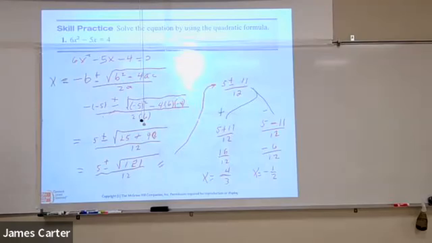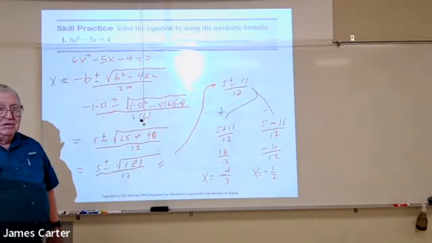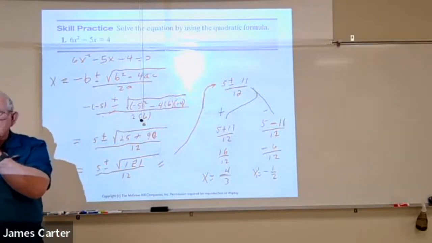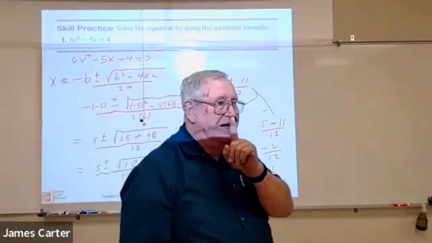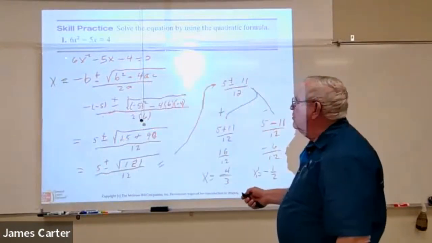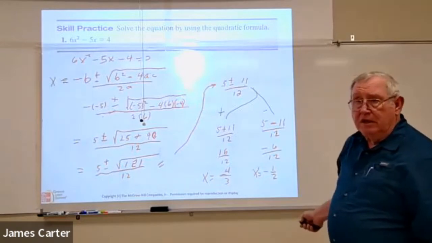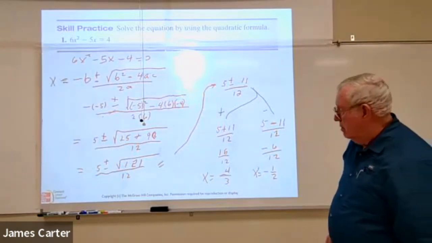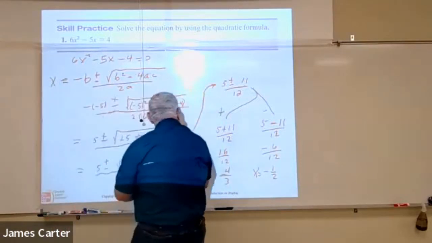What if this problem, instead of saying solve, said factor? I'm going to tell you how to cheat. If you don't think you can factor that, and it'd be real tough, admittedly, but you could. Watch this.